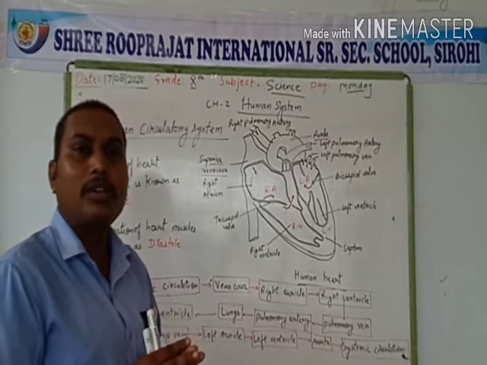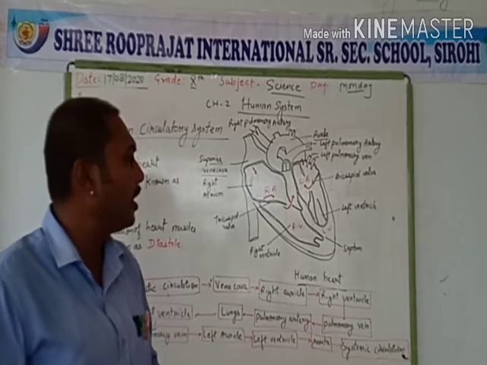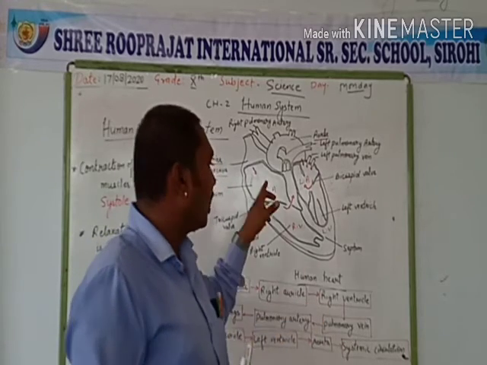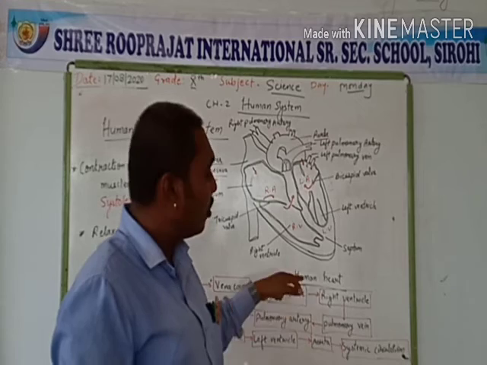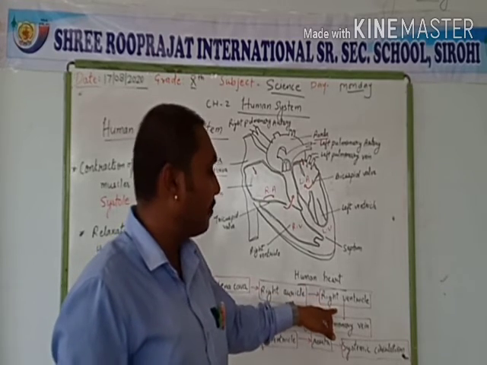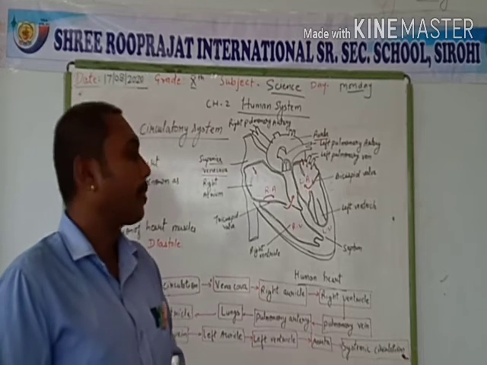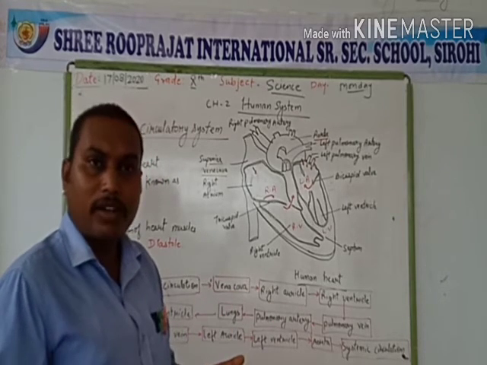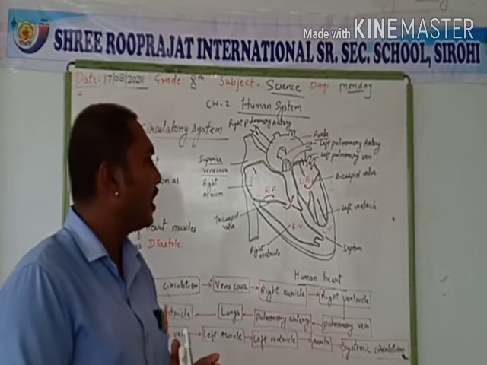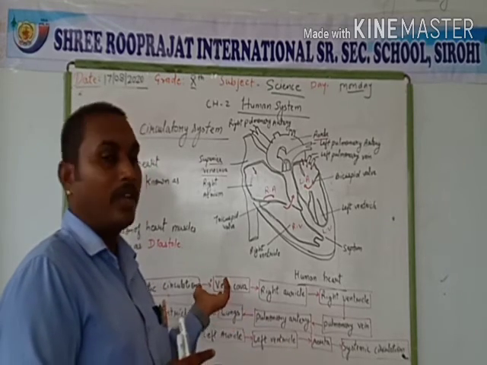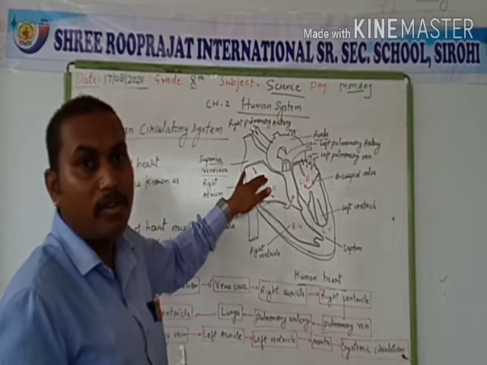As the auricle region contracts and the ventricle region expands, the impure blood from the right auricle goes to the right ventricle.